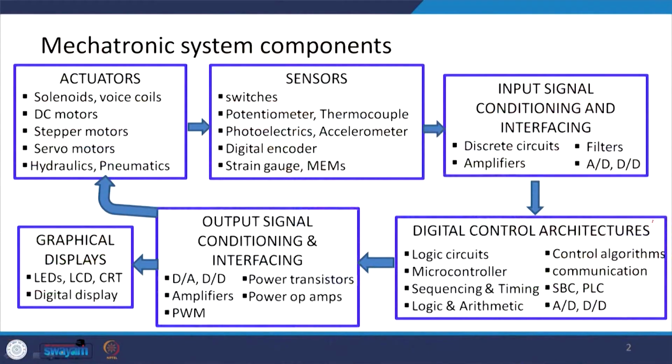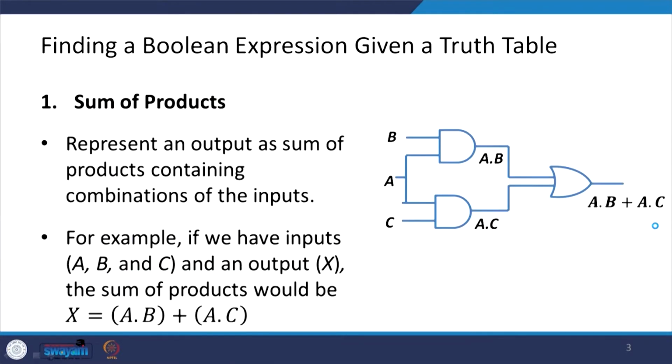So, we are here in this particular portion, the digital control architecture of the mechatronic system components. In the last lecture we have seen various types of gates.